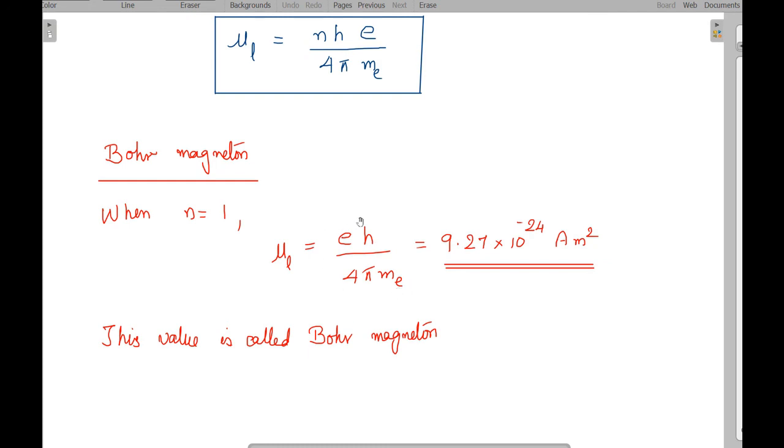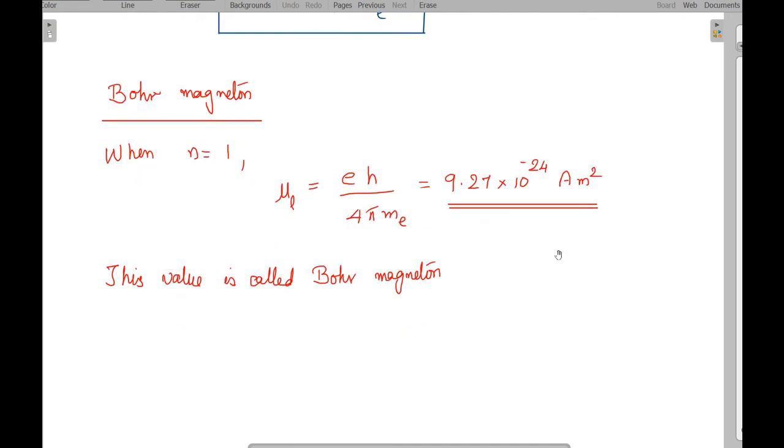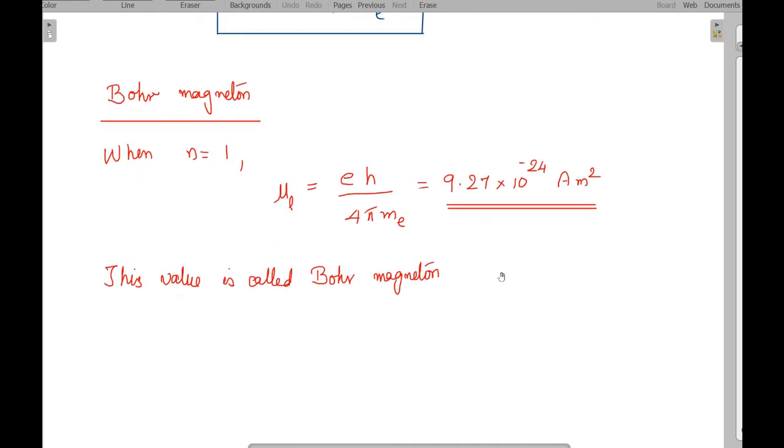Now if you substitute the values of e, charge of the electron, h, Planck's constant, and me, mass of the electron, we get the value as 9.27 into 10 to the power minus 24 ampere meter square. And this value is called Bohr magneton. This is Bohr magneton. Thank you.